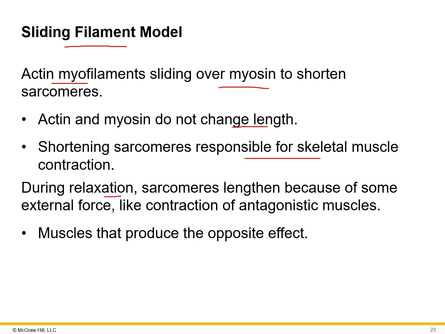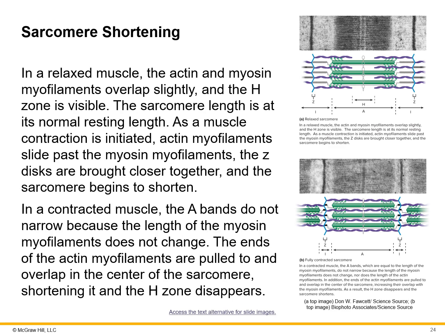Then during relaxation, the sarcomeres lengthen because of some external force, like the contraction of antagonistic muscles. Muscles on the other sides contract and that pulls them apart, so they produce opposite effects. This is a really wordy slide, which I don't love, but it's good to have all the information in one spot. Again, we're looking at how these sarcomeres shorten, which is what causes muscle contraction.